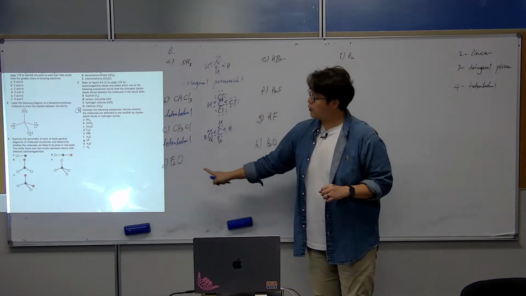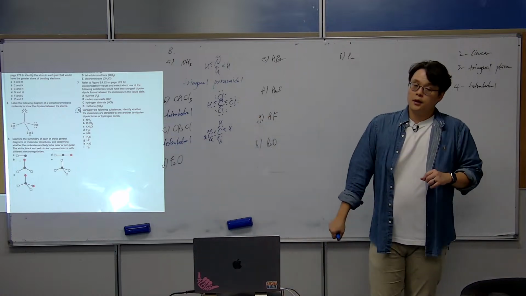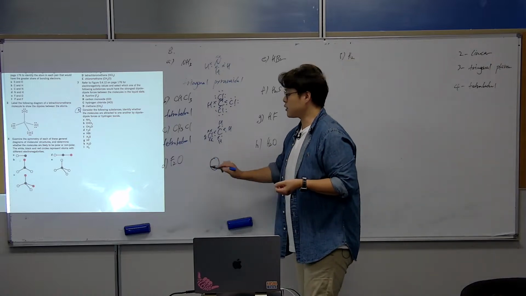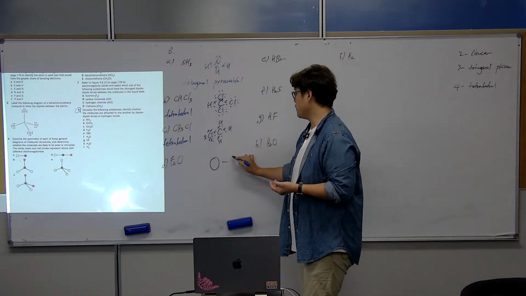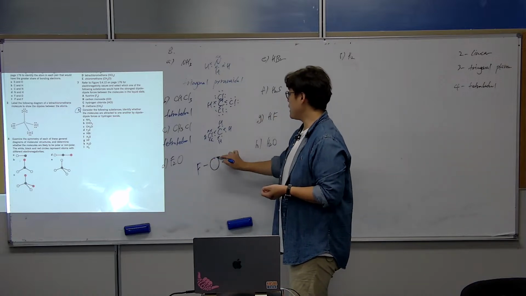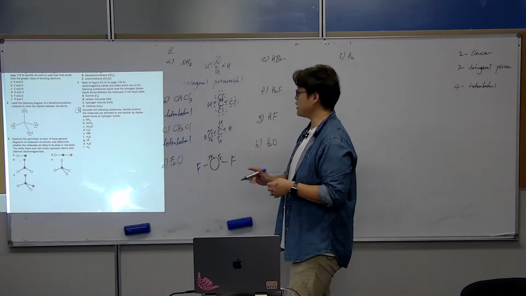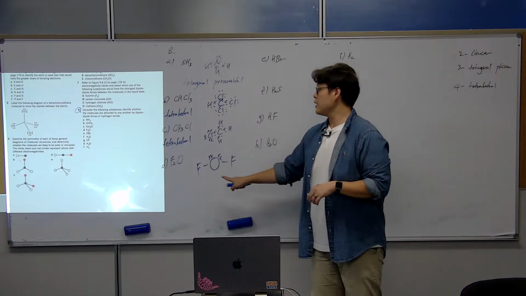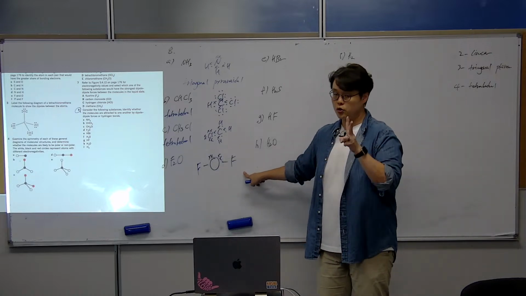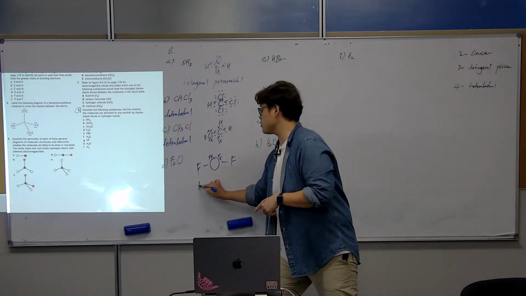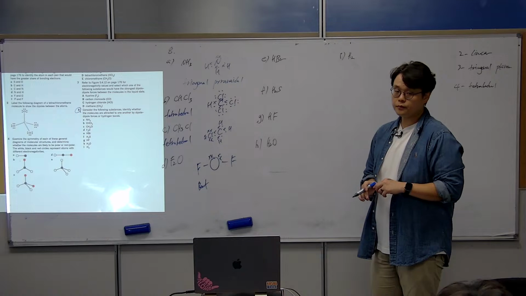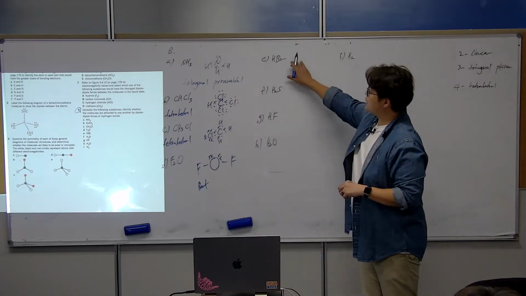What about F2O? Oxygen goes in the center, forming bonds with the fluorines like this. Now it has 2 lone pairs on the top, which means in the total number of attachments, we have 1, 2, 3, 4, but 2 of them are lone pairs, so it shows the bent shape. Does it make sense? Okay.